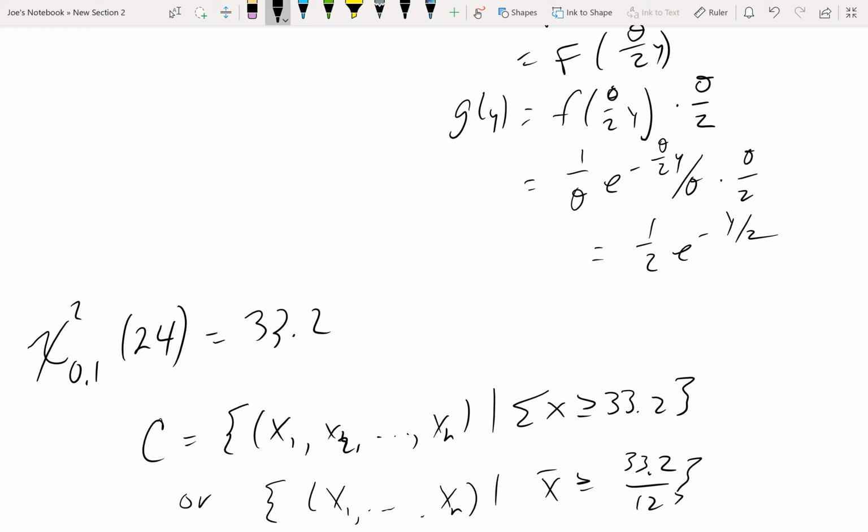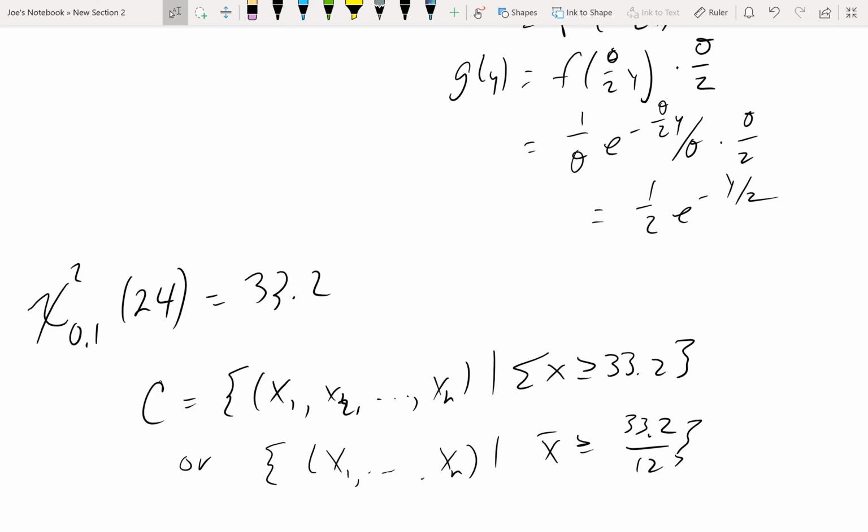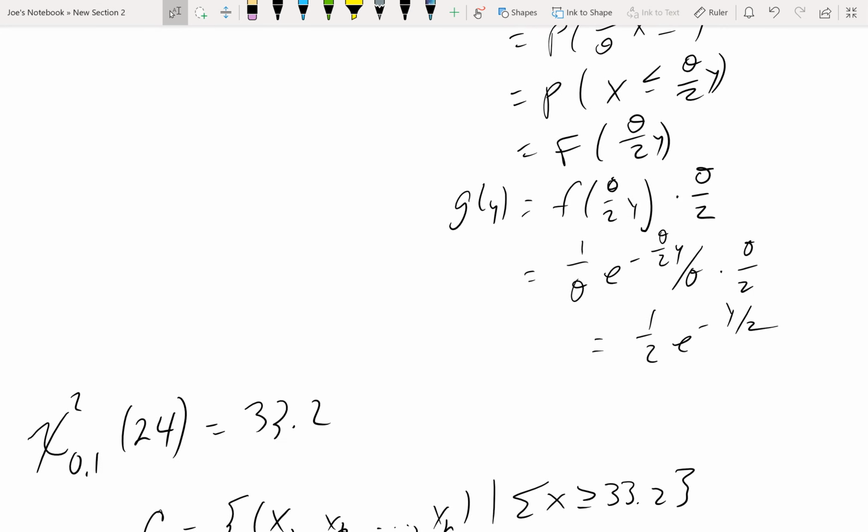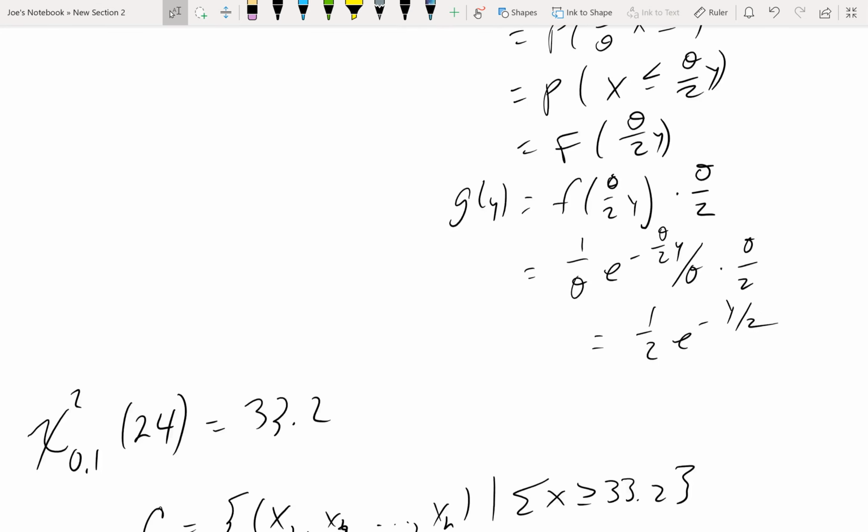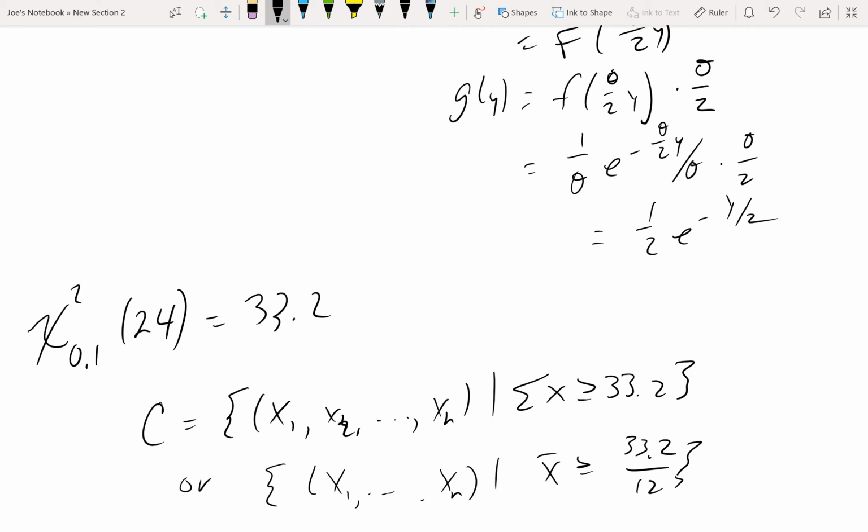Oops, sorry, wait a minute. It's not quite right. This 33.2 isn't quite the right number that I want. Sorry. What do I need to do to this 33.2? How did we get the 33.2? We multiplied by 2 over theta, which is 2/3, right? So I need to undo that 2/3. Remember, we multiply by 2 over theta to make a chi-squared of 24, so I had to undo that, right?